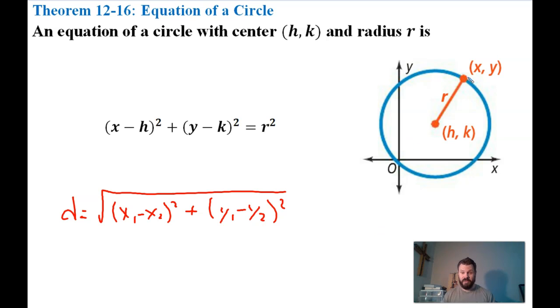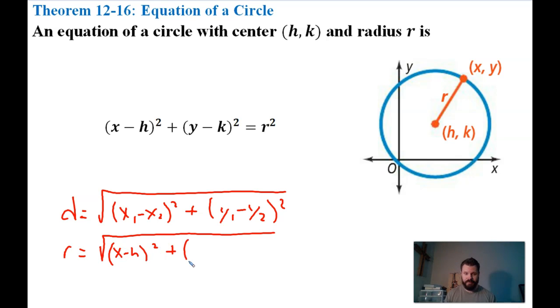If I fill in things from this specific circle, that distance we could just say is r, r is equal to the square root of (x minus h), if this is my x1 and this is my x2, and then same thing, (y minus k), if this is my y1 and this is my y2.